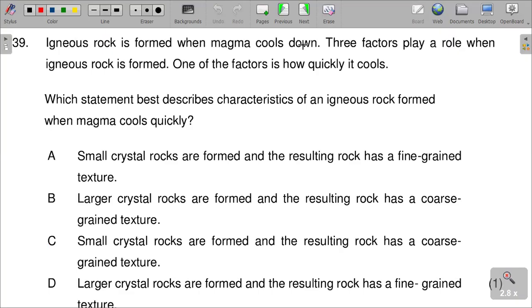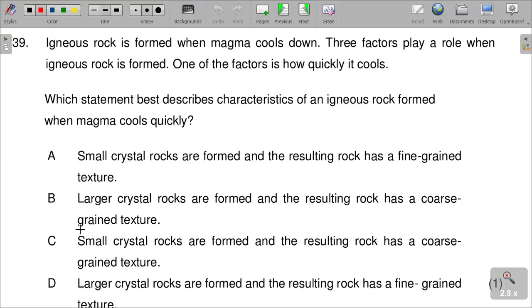Which statement best describes characteristics of igneous rock formed when magma cools down? Number 39. Small crystal rocks are formed and the resulting rock has a fine-grained texture. Large crystal rocks, not really.